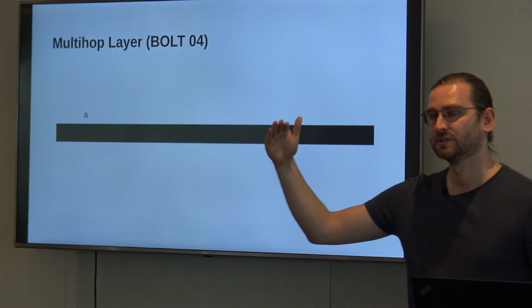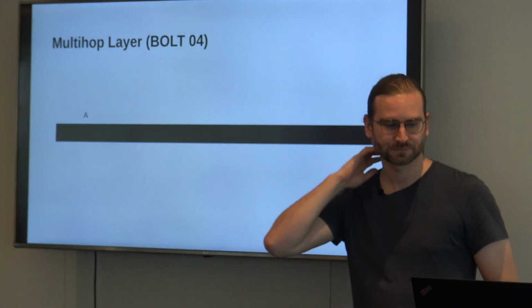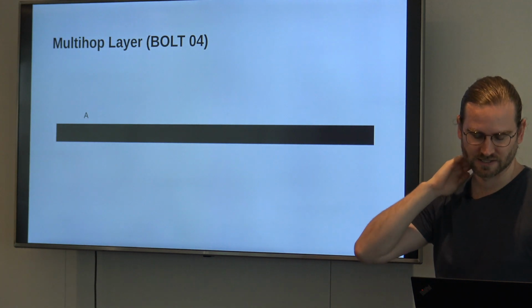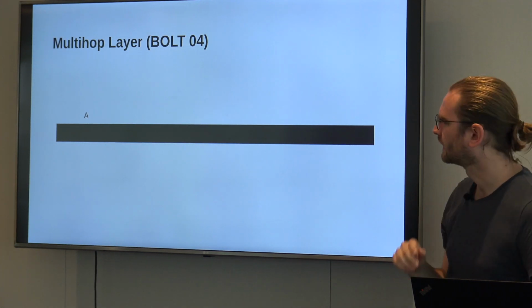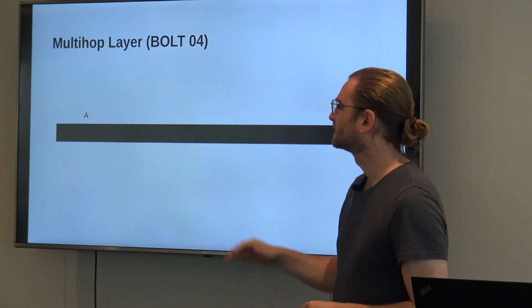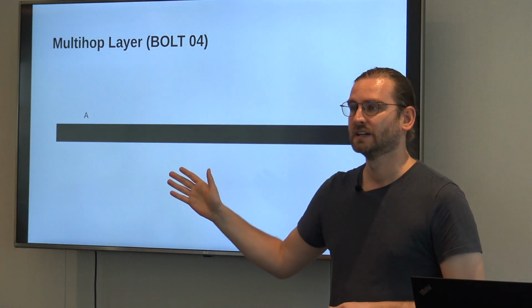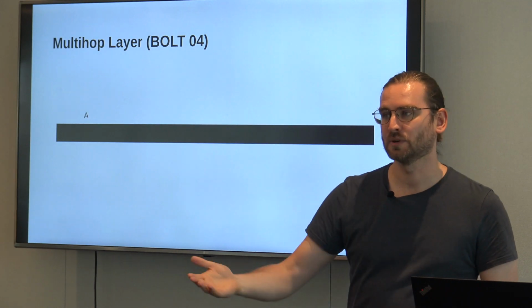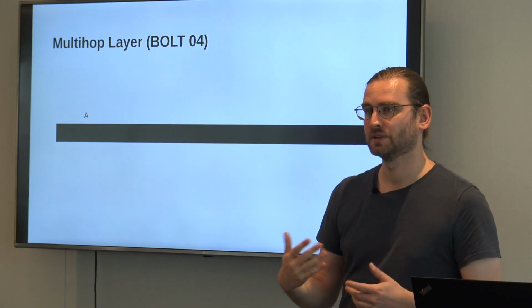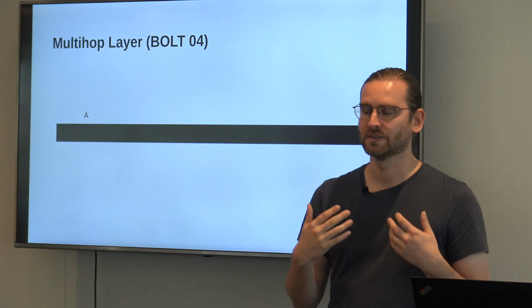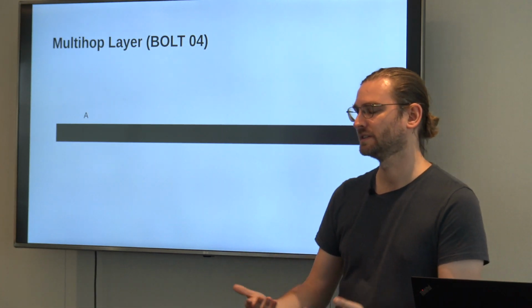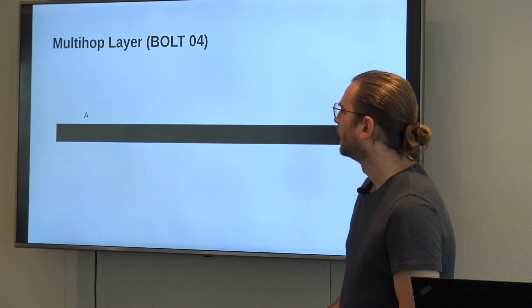One layer up, we get to the Sphinx layer. This is finally the Sphinx layer, the topmost layer, and this is how we communicate how to get from the sender to the recipient without telling the intermediate nodes what happens.